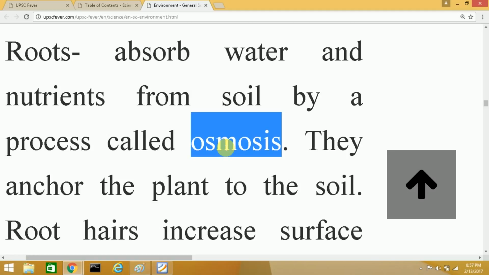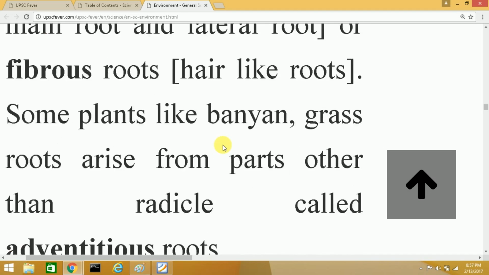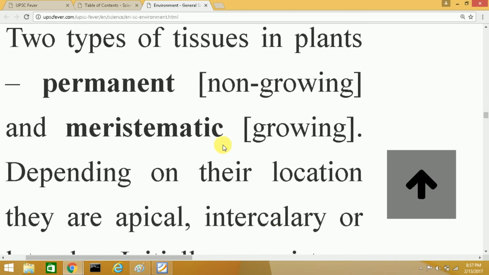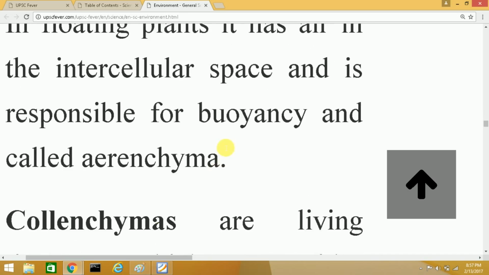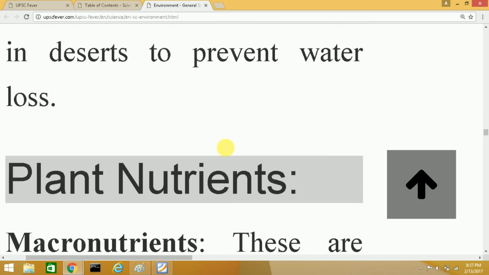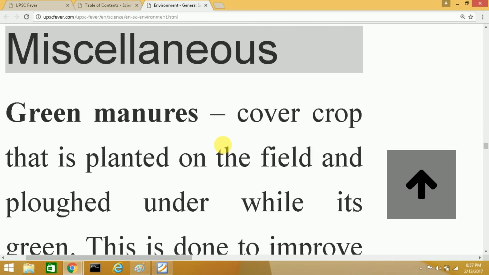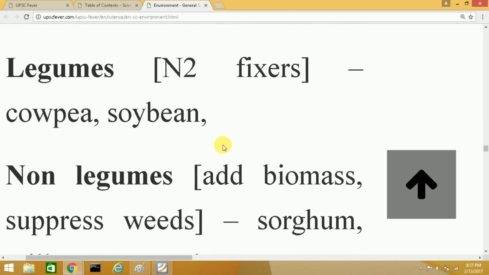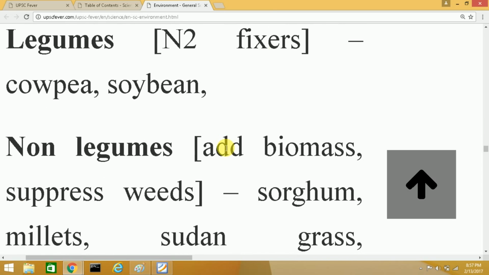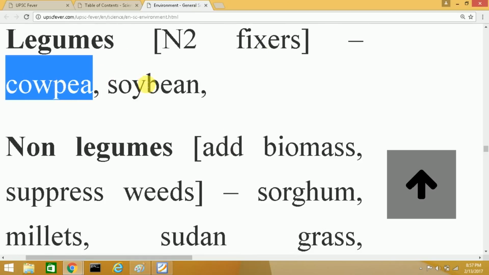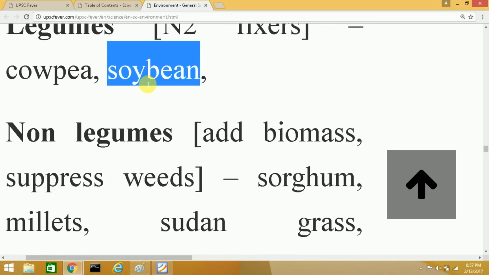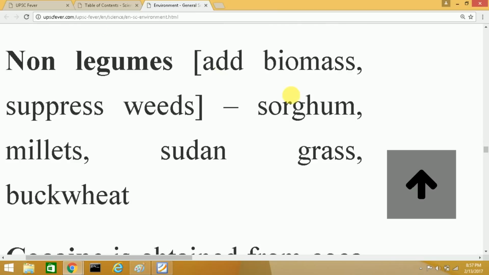Green manures are of two types, leguminous and non-leguminous. So you can note down this example of leguminous and non-leguminous green manure. So leguminous is cowpea and soybean, whereas the non-leguminous are these four.